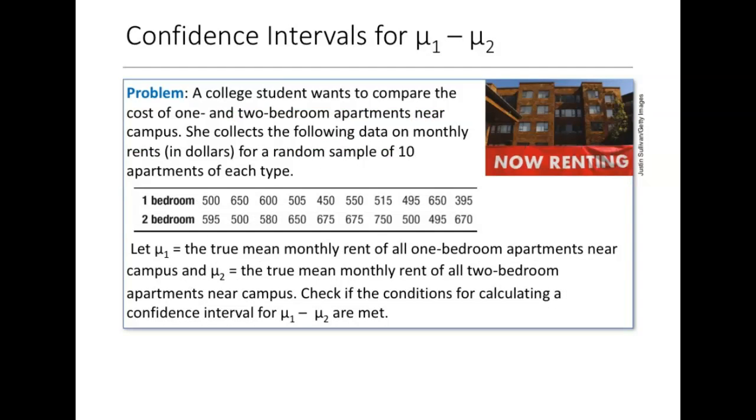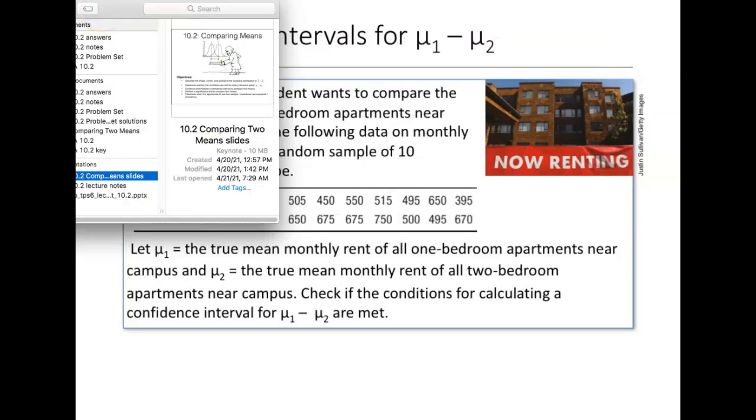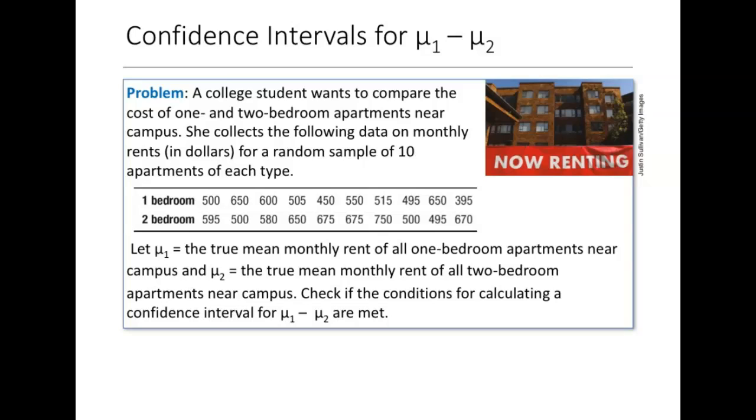All right, so let's take a look at this problem. I need to open up my calculator. All right, a college student wants to compare the cost of 1 and 2 bedroom apartments near campus.